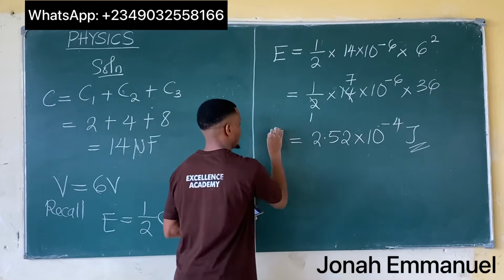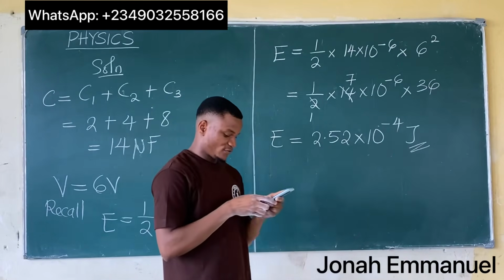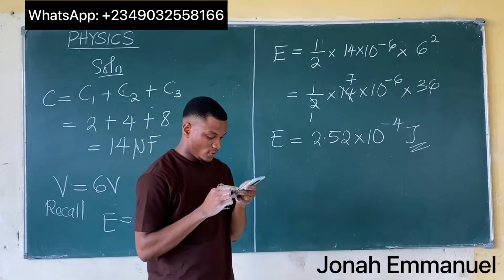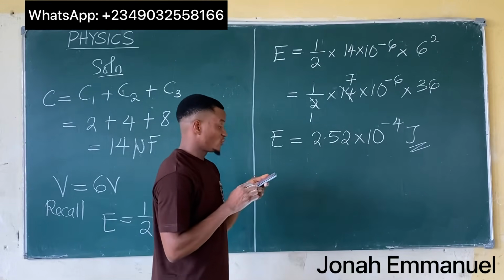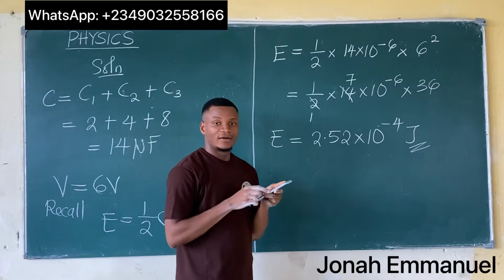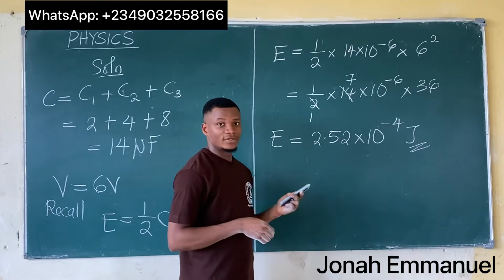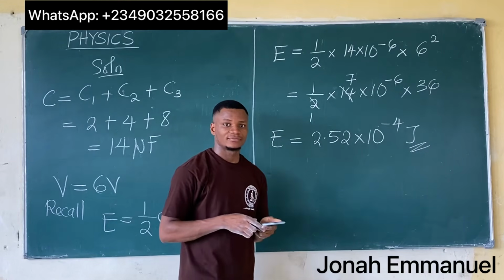So that's the value. That's option C, 2.52 times 10 to the power minus 4. So this is how you solve this question.